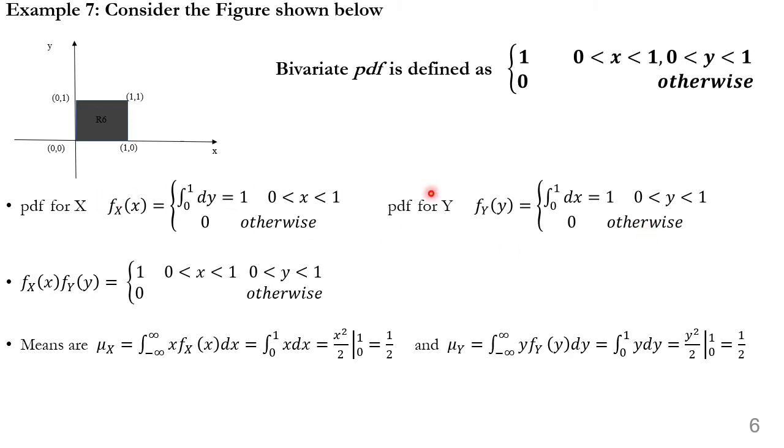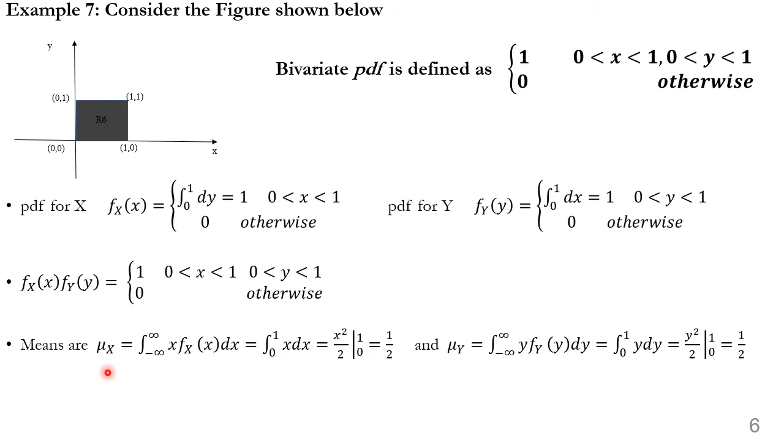So when we multiply these two, fx of x and fy of y, we get 1 for all values of x varying between 0 to 1, y between 0 to 1, and it is 0 otherwise.